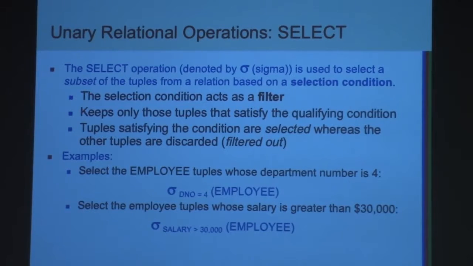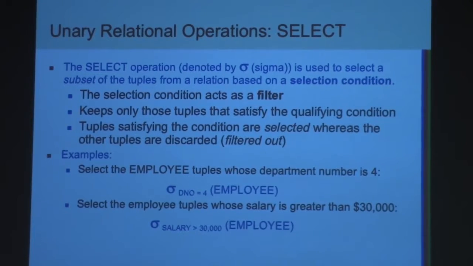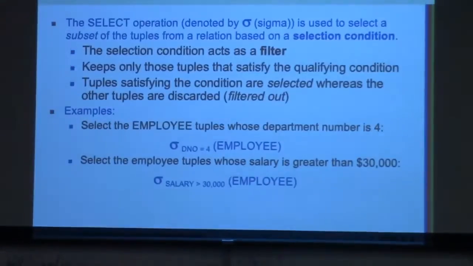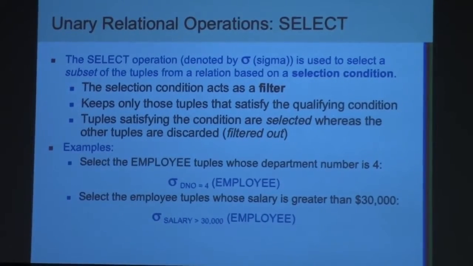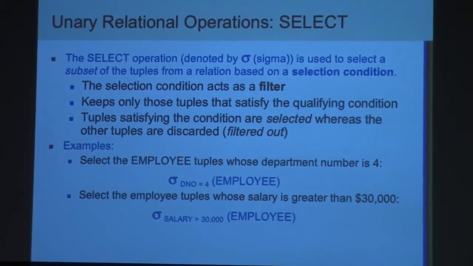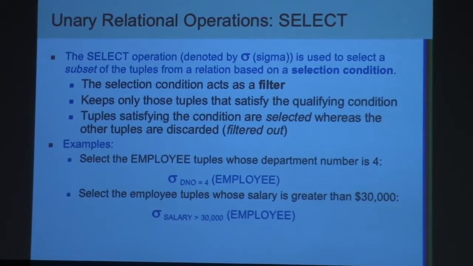Selection operation. Selection is a kind of filtering. Specify the data condition. For example here, select the employee whose department number is 4. Whenever you create the relational algebra expression, first you need to identify the name of the relation, the source of the data.